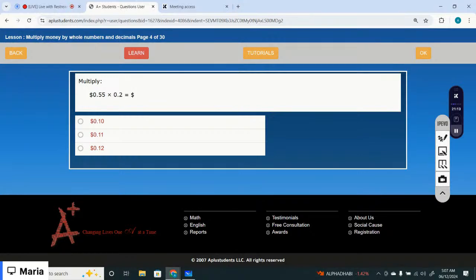Next, 0.55 times 0.2. So which is the correct option? That is 0.11. Option number 2 is the correct option. That is 0.11.